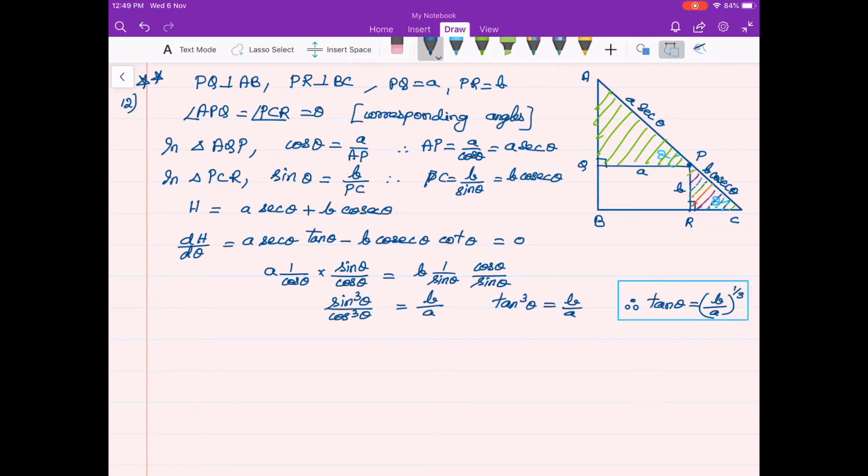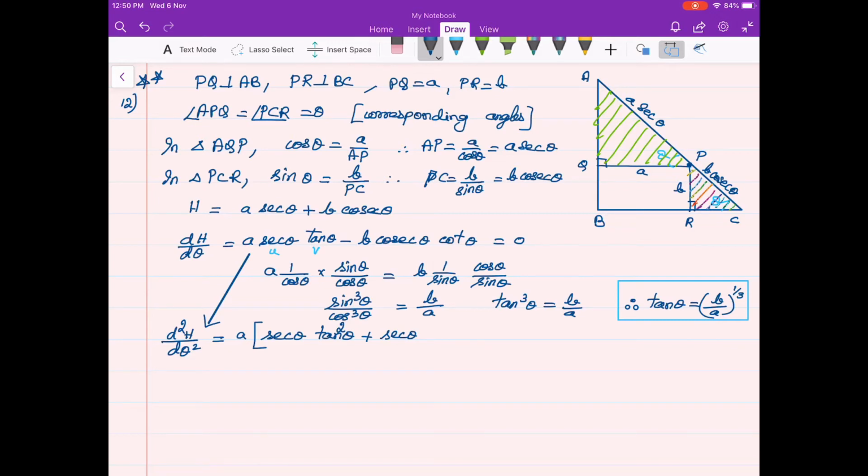Now the second derivative test, we will differentiate this with respect to theta. Let us differentiate this step. a into, we have to use u and v. Product rule, u dash is secant theta into tan theta, v is tan theta, into tan theta will give you tan square, plus u into v dash, differential of tan theta is secant square theta.